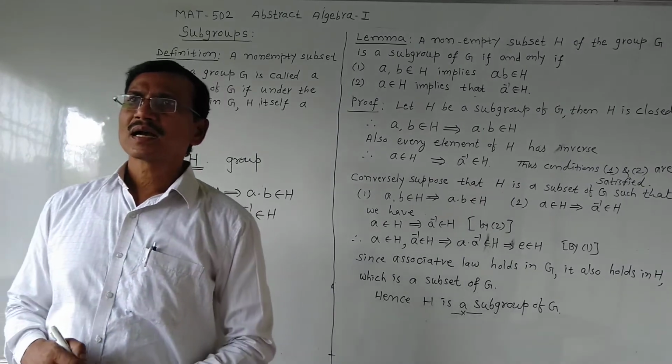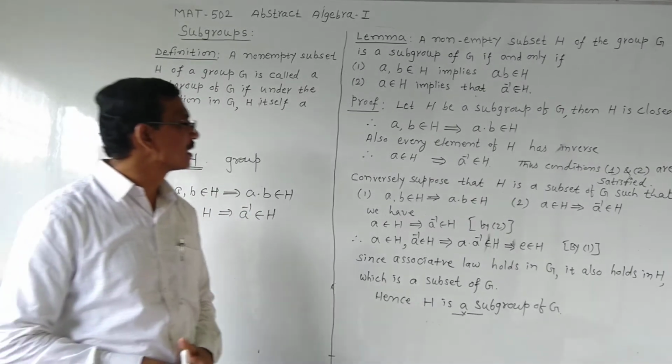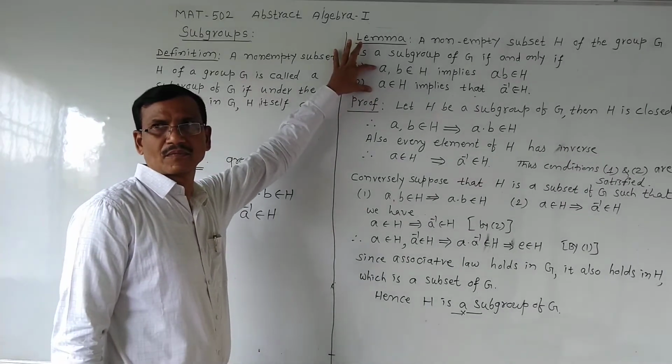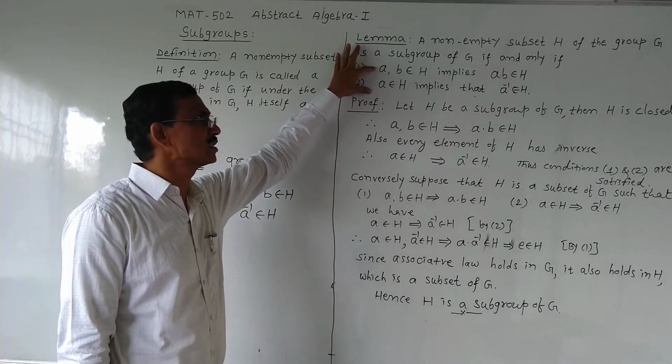Now we shall consider the converse part. Converse part means we shall consider that these two conditions are satisfied. H is a non-empty subset of G such that these two conditions are satisfied.